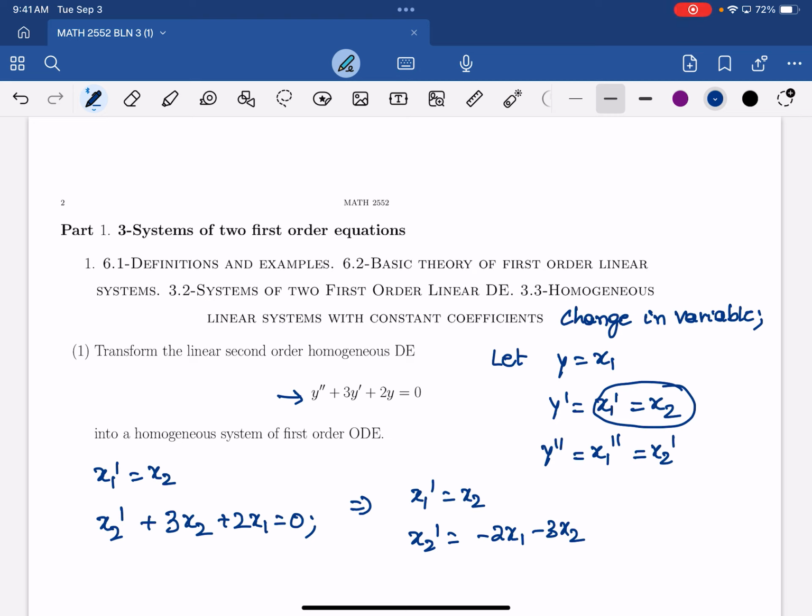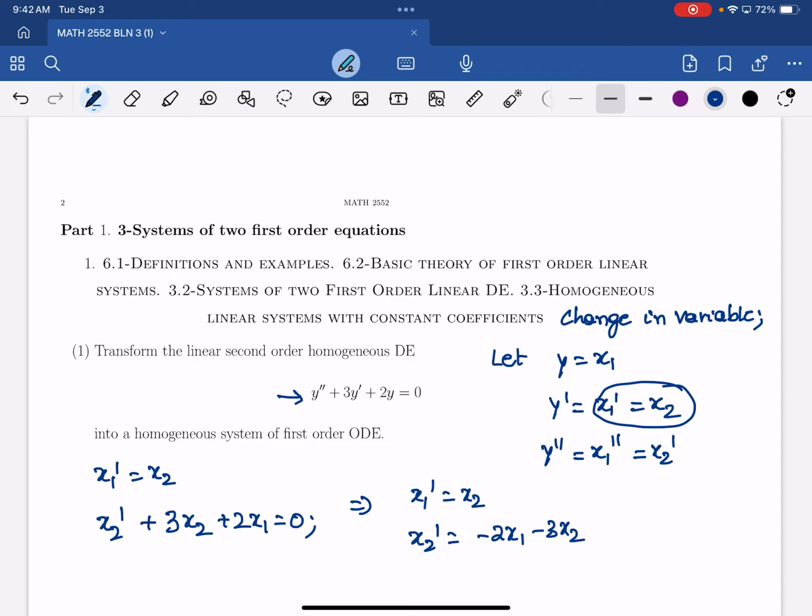Is that clear? If I wanted, I could have written x2 prime equals negative 2x1 minus 3x1 prime. No, I want to have one derivative per equation, and I want to have the derivatives for each of the variables, so I had that.